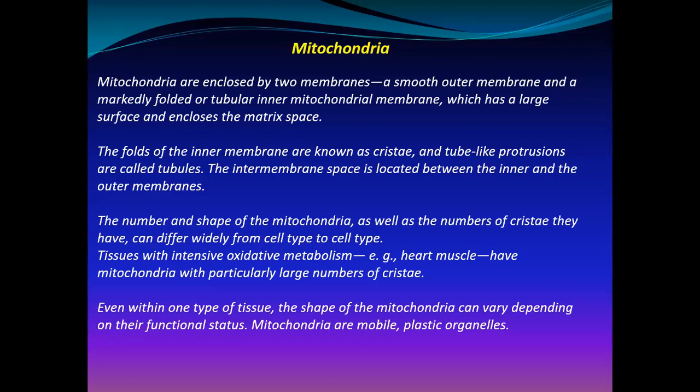Some cells don't have mitochondria. For example, red blood cells, to accommodate the hemoglobin, don't have mitochondria. Most of the organelles are removed when the RBC matures.